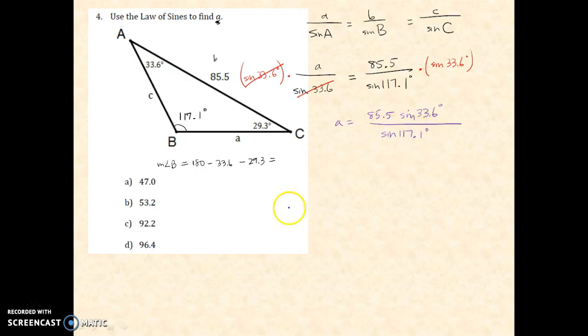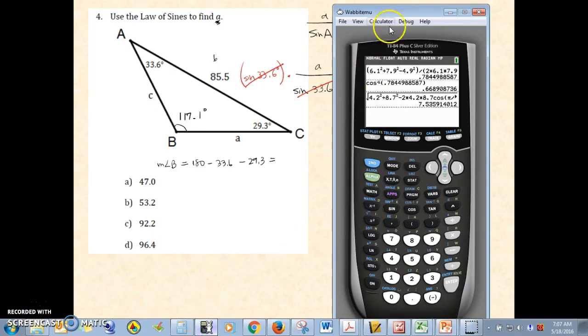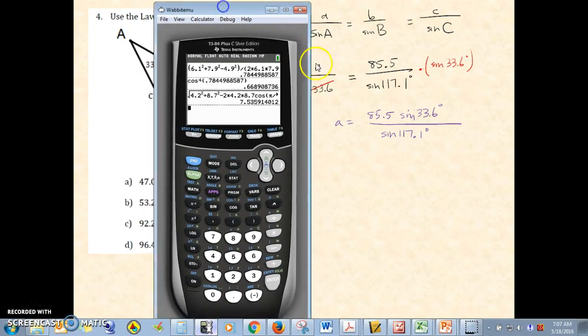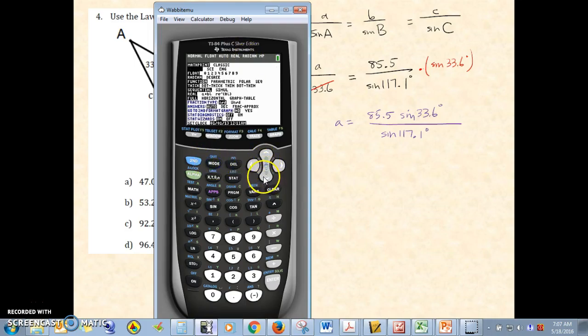Now I'm going to bust out Mr. Calculator. Now I'm using degrees, so I need to go to degree mode. So mode, ga-bing, ga-boing, ga-bing. Hit enter. Now I'm on degrees.